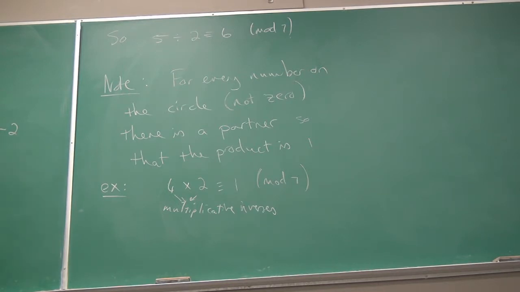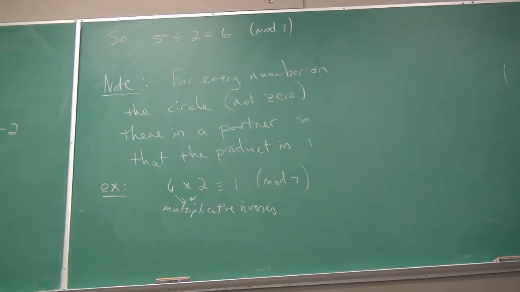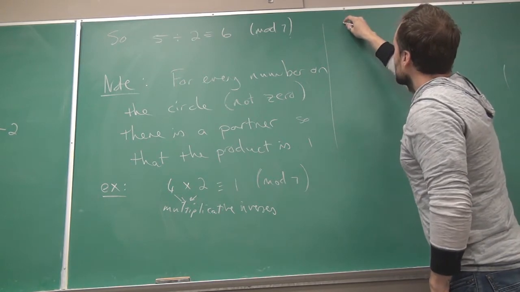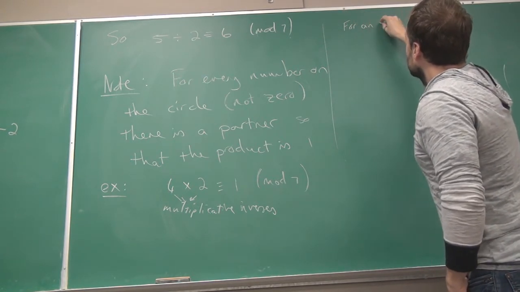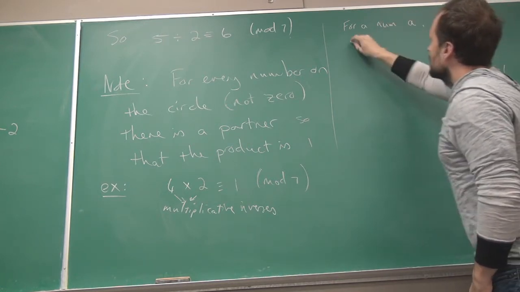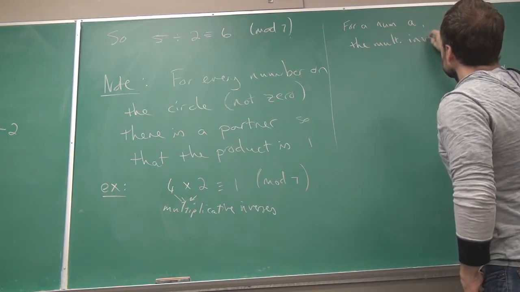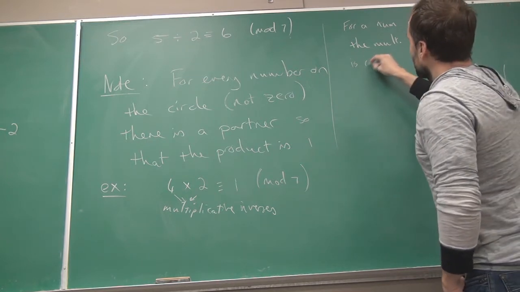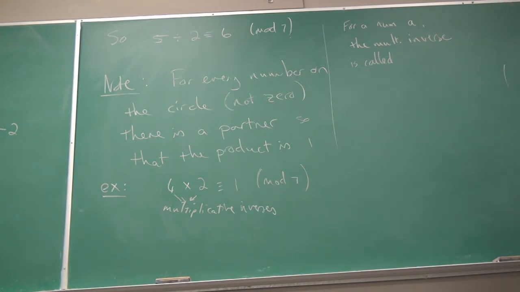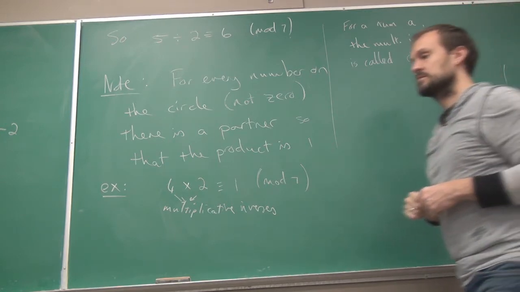Multiplicative inverses. For a number, let's call it A, the multiplicative inverse is called A with a little -1 superscript.